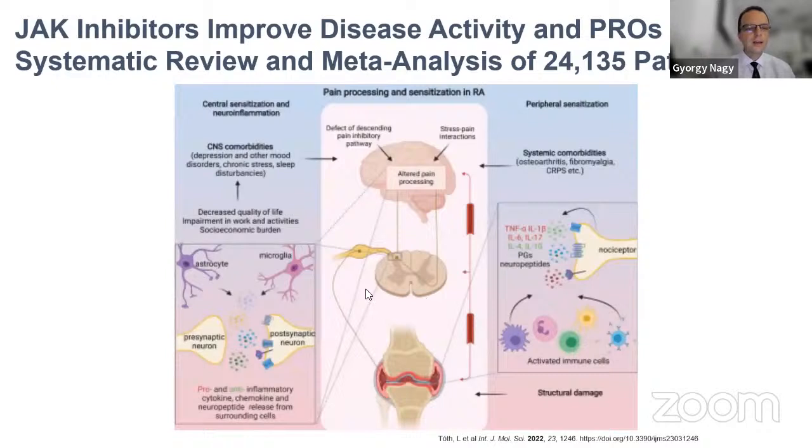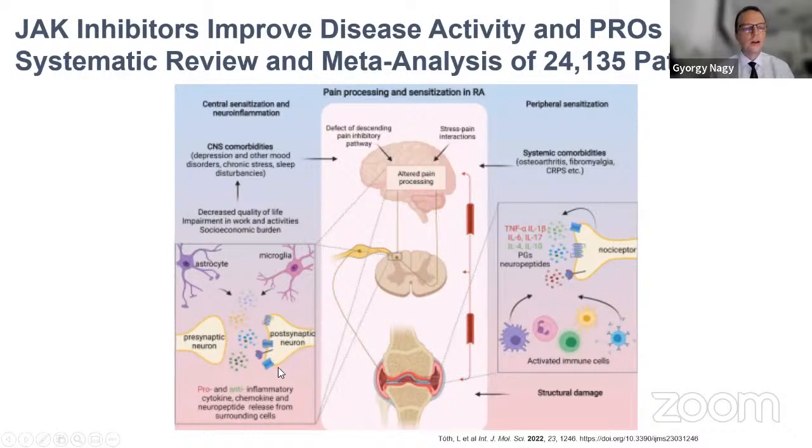So we may say, and I think that Chris also suggested this, that pain in the context of inflammation is very complex. There is pro-inflammatory cytokine release in the periphery, which by itself may trigger pain by the immune system and by setting up the threshold of pain also in the central nervous system.